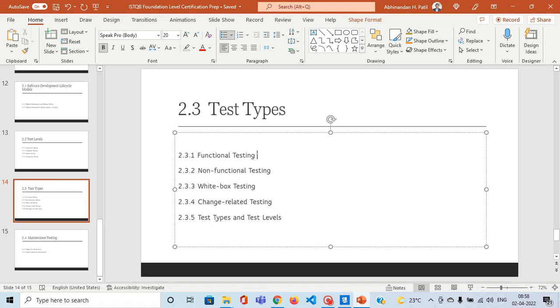And then we also concentrate on functional coverage. Let's say a particular component is supposed to give certain functionalities. We check whether they are indeed implemented or not. Now these are functional testing.